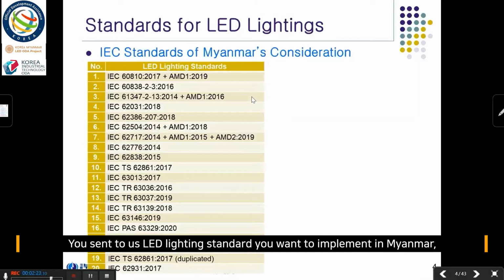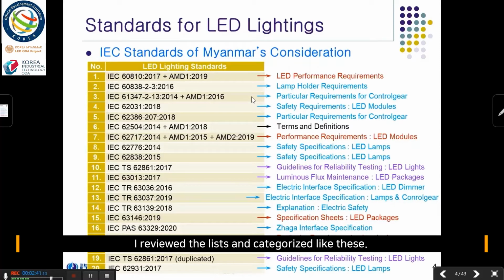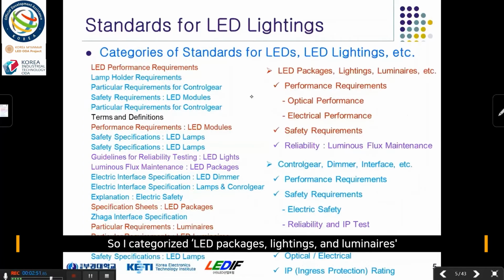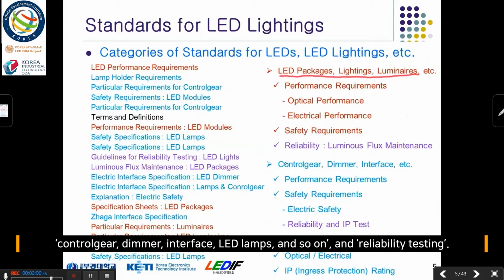You sent us the LED lighting standards you want to implement in Myanmar. I'll review the list and categorize like this. So I categorize the LED package, lightings and luminaires, control gear, dimmer, interface, LED lamps, and so on, and reliability testing.